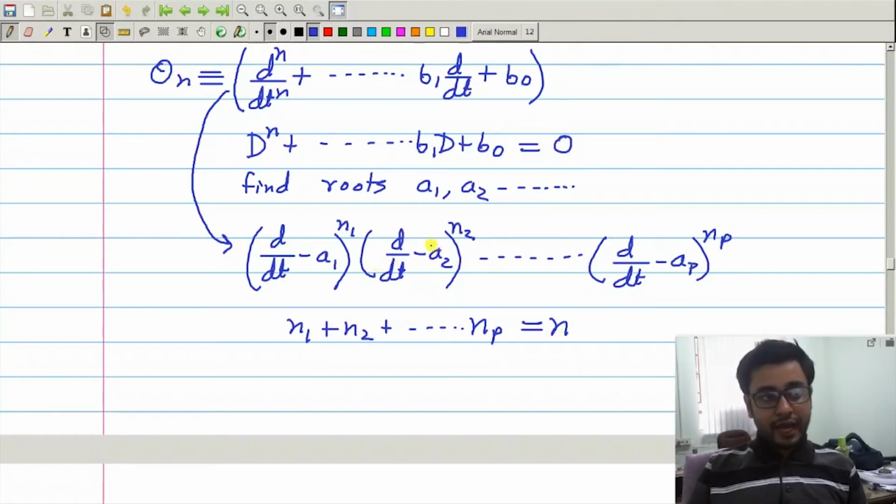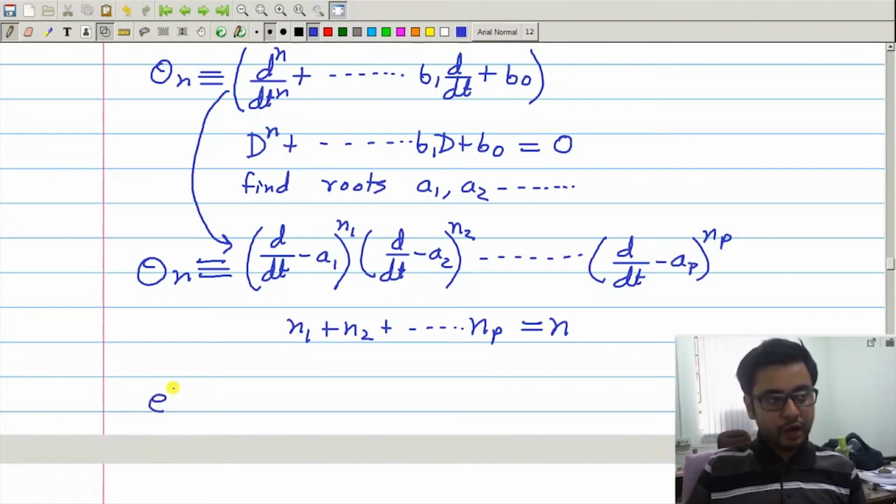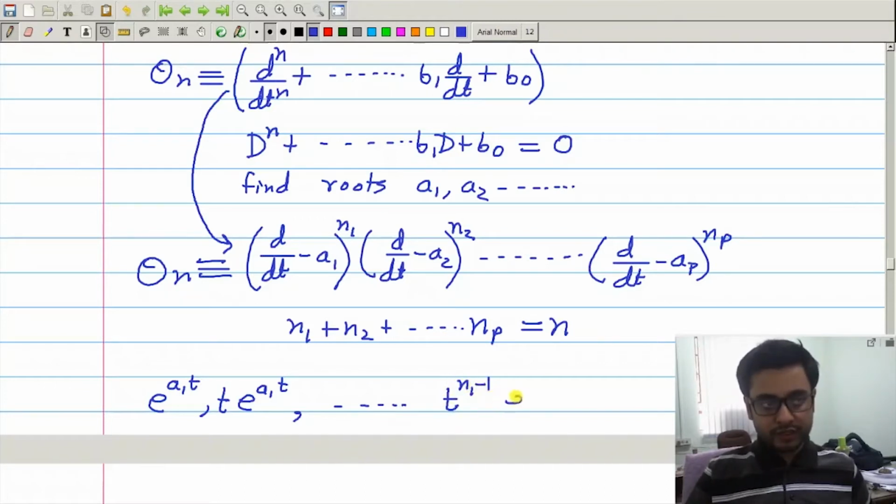Okay, and then we have seen that for this operator, which we are calling L, we have signals of this form: e to the power a1t, e to the power a1t multiplied by t, then t to the power n1 minus 1, e to the power a1t.